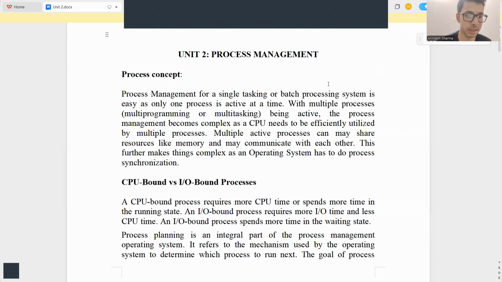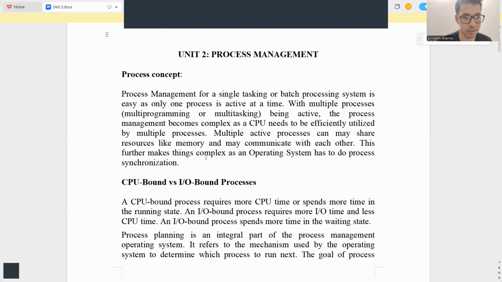This further makes things complex as an operating system has to do process synchronization. Memory, more precisely the RAM, is shared among a lot of processes, so it has to be handled in a very good manner. Otherwise, it might not work properly.